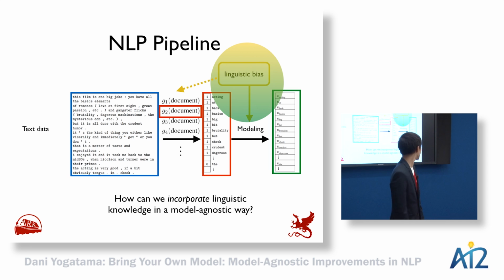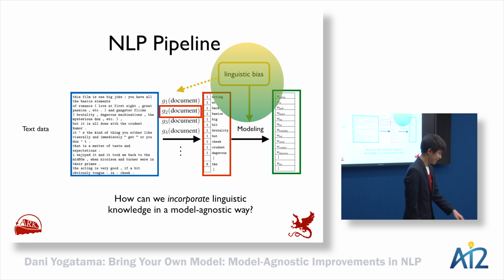Today I'm going to talk about how we can try to incorporate linguistic bias to improve our machine learning models in a model-agnostic way. I would like to be clear from the very beginning that it does not work with any kind of model class, but it would work at least with more than one model class. It would work with several, maybe 3 or 4 or something like that. So we'll see how we can do that.